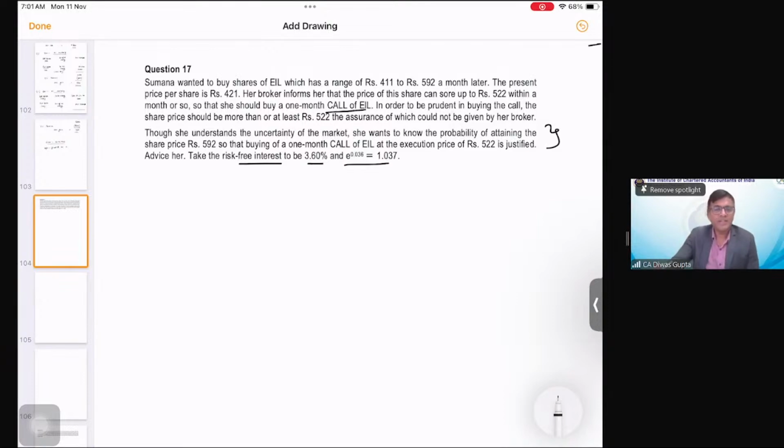Now, from our previous understanding, there are two ways to calculate a probability, right? One is the risk neutral method and one was under the binomial method. And both the methods, I said, will give you the same result because one method is derived from the other method. But in this case, it's a continuous compounding that is given in the question.